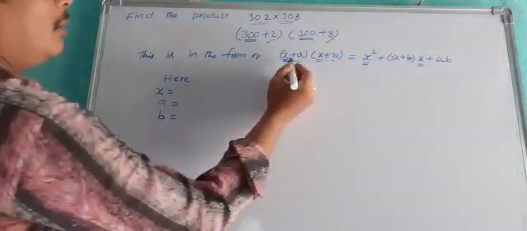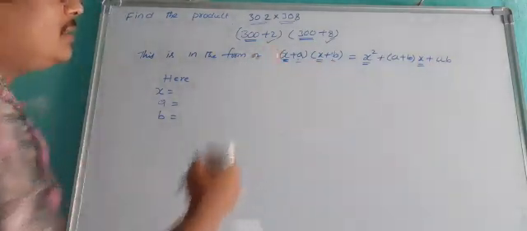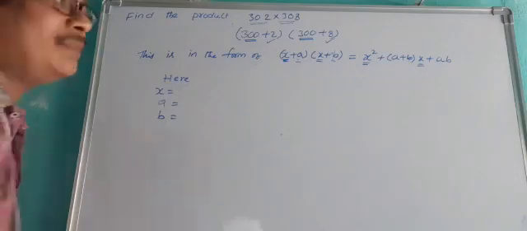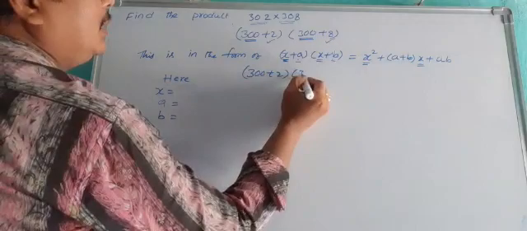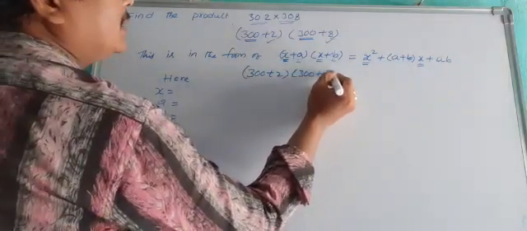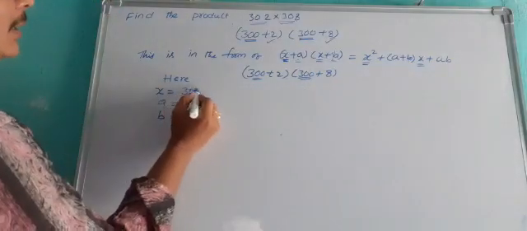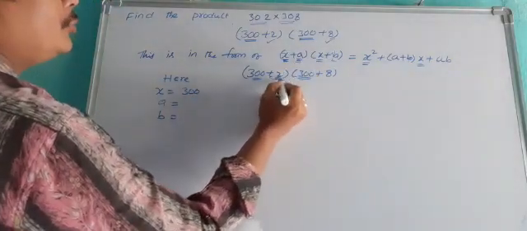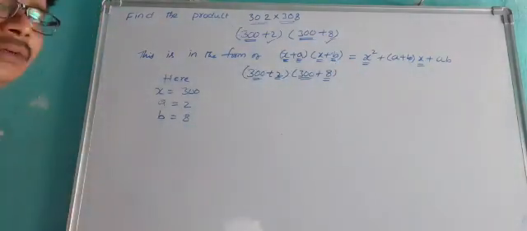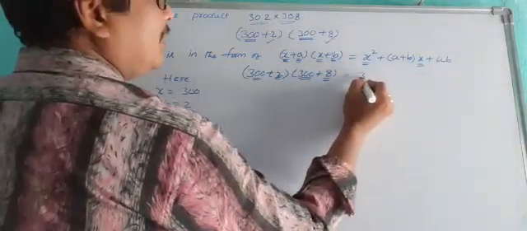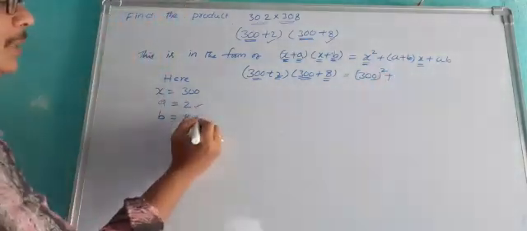This is in the form of (x + a)(x + b), that means (300 + 2)(300 + 8). Here x means the same first term, 300, a means 2 and b means 8.